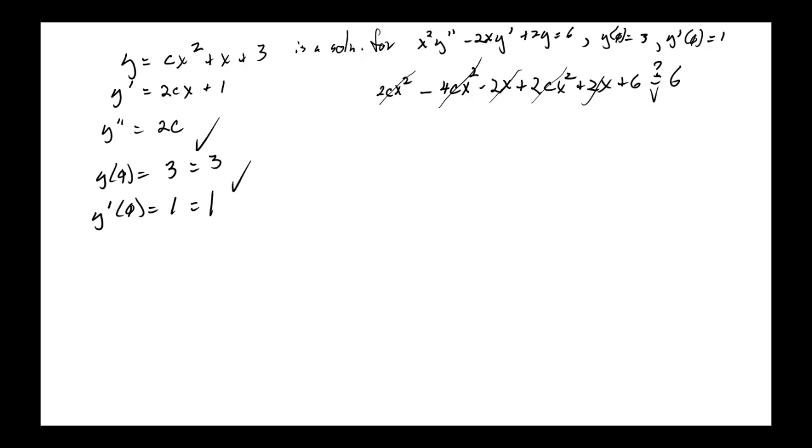Y at x equals 0 is equal to 3. It's just that y prime would not be 1. Y prime would be 0, because y is equal to 3 is the only solution. Well, I guess, yeah, okay.